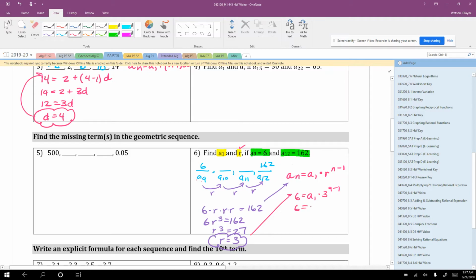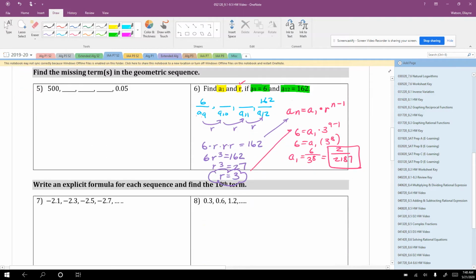So 6 is equal to a sub 1 times 3 to the 8th. So a sub 1 is equal to 6 divided by 3 to the 8th, which as a fraction is 2 over 2187. Okay, that is a little bit tougher problem.